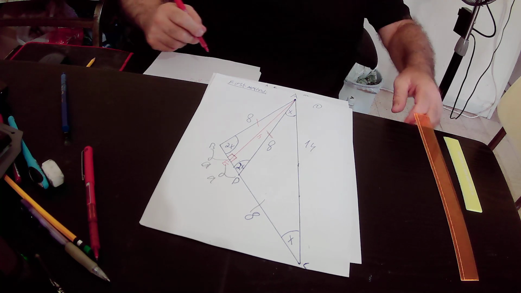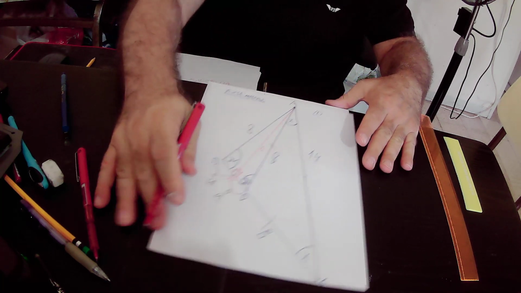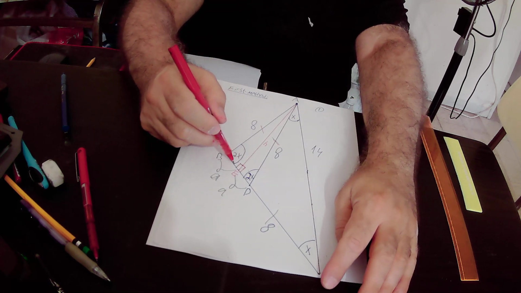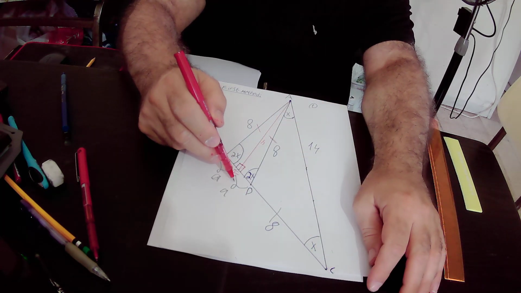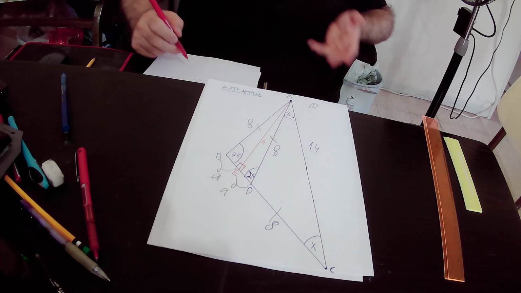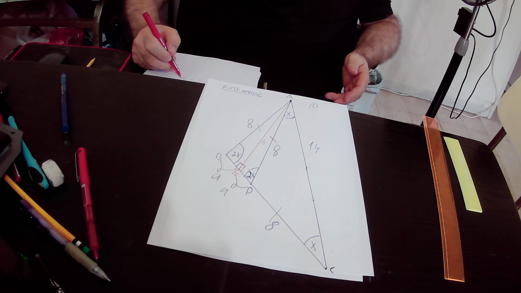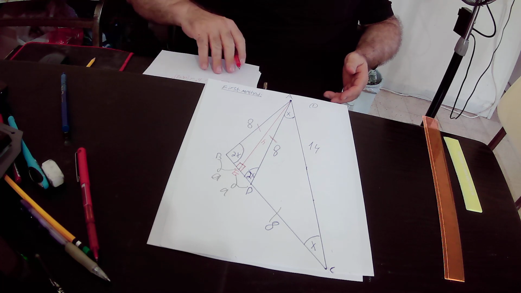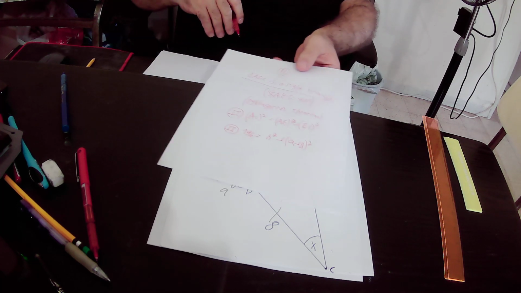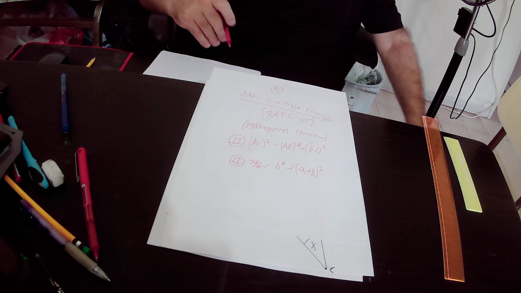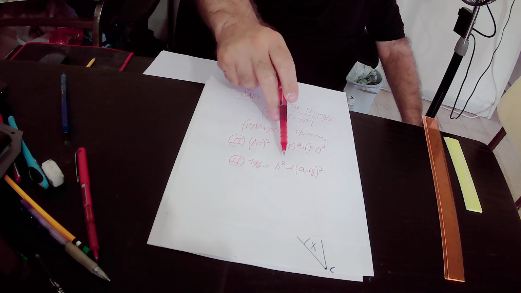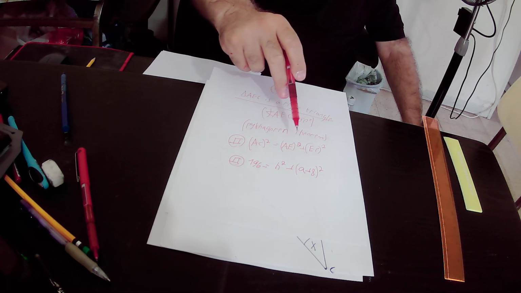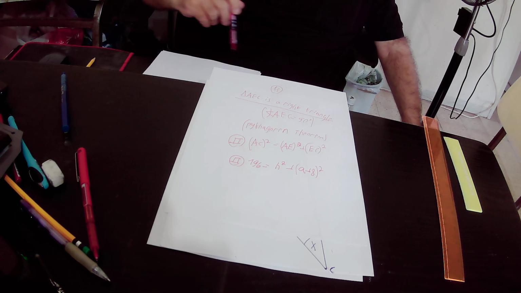And what is the value of EC? EC equals a plus 8. So EC square will be equal to (a plus 8) square. In total, we got that 196, that is AC square, equals AE square, that is h square, plus EC square, equals (a plus 8) square.